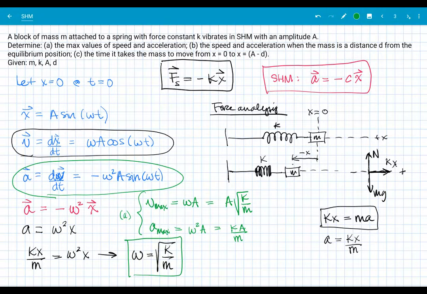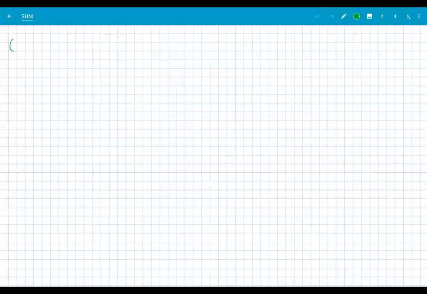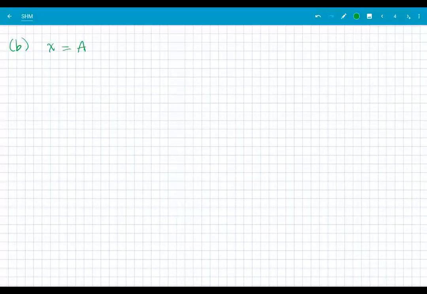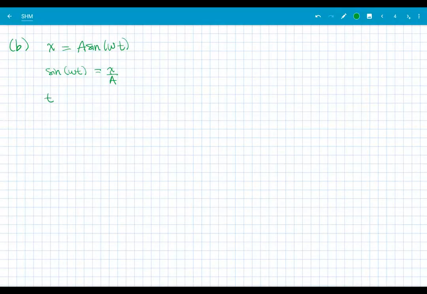So you can do that by looking at your position function. My position function I wrote as x equals a sine omega t. So if I'm interested in time, remember, sine omega t is equal to x over a. t is equal to 1 over omega arc sine x over a. And what does that look like for us?